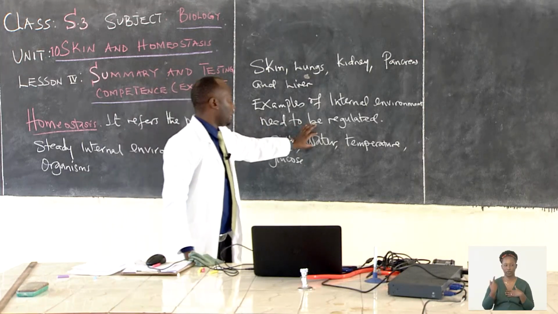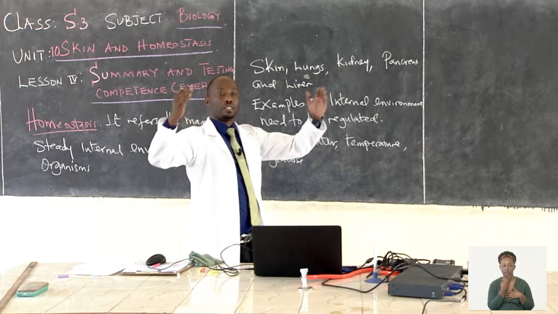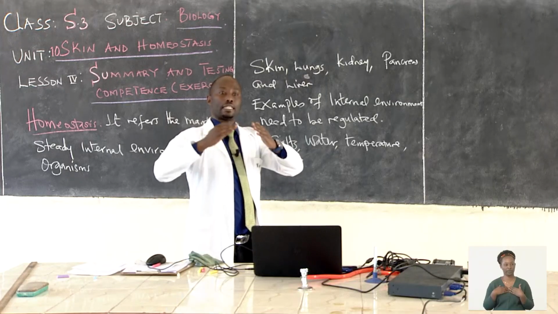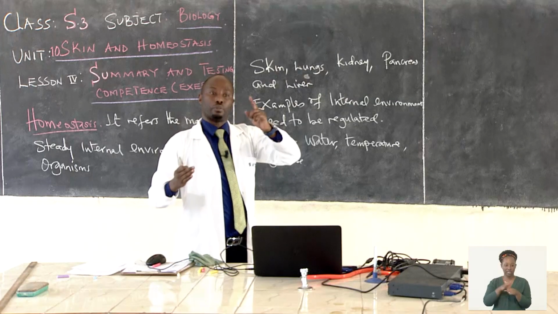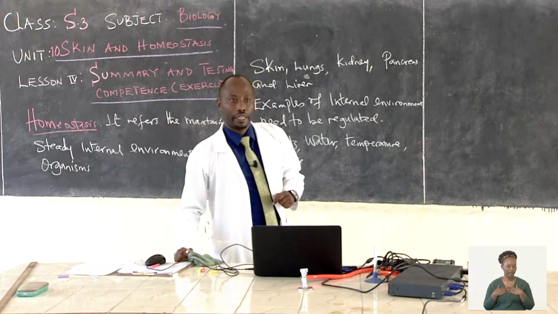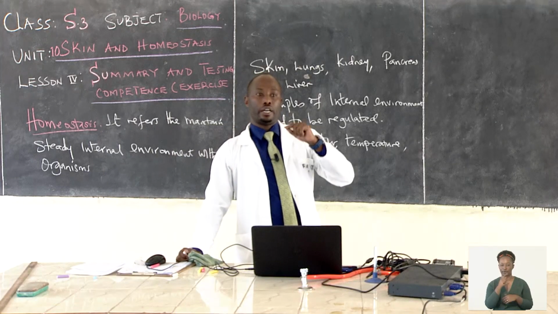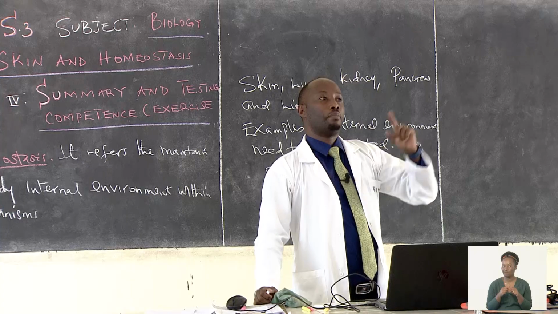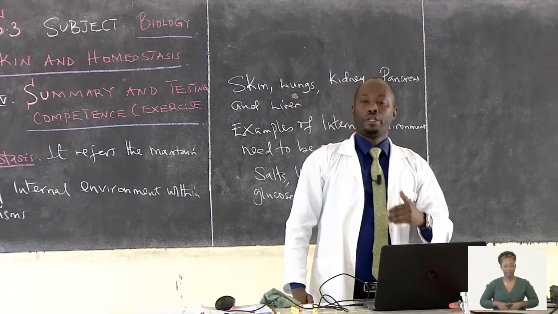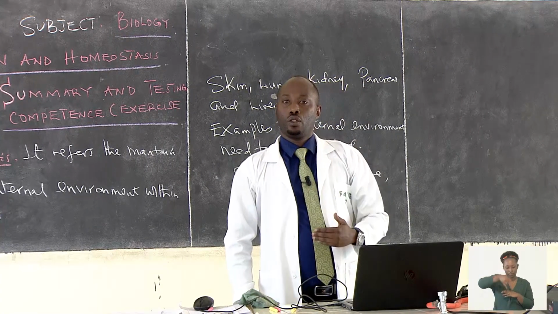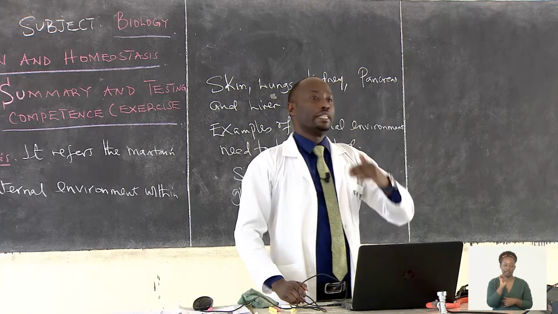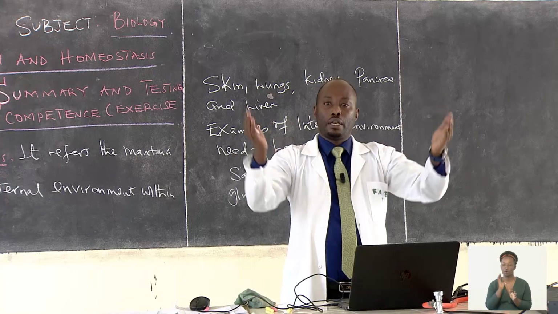So we talked about water. Who can remind me, how does the body regulate the amount of water in the body? Because if there is an excess amount of water getting lost from the body, what happens to the body? We talked about diuresis, or what you call diabetes insipidus, when there is too much water passing through the urine. So it means that the water has to be balanced.